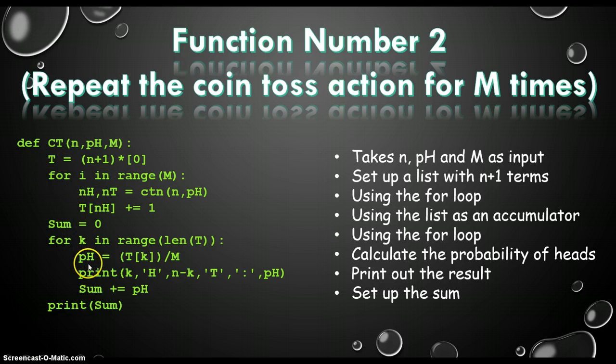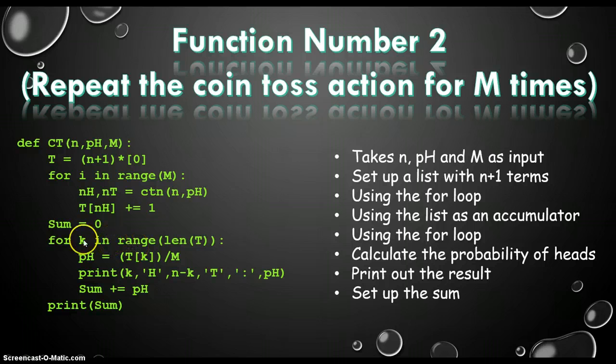So PH is the probability of getting the combination with the number of heads and the number of tails when we're flipping 5 times and then doing this for big M times.